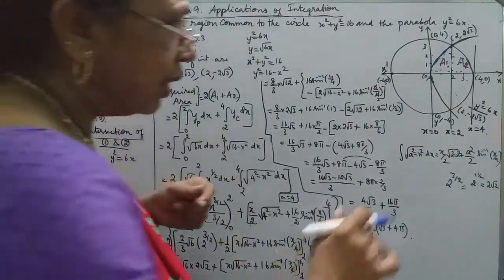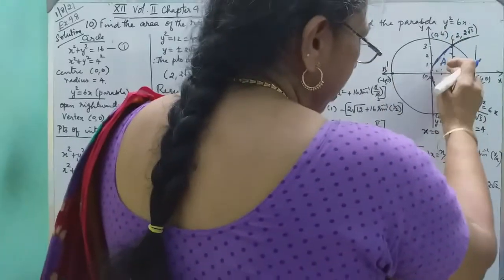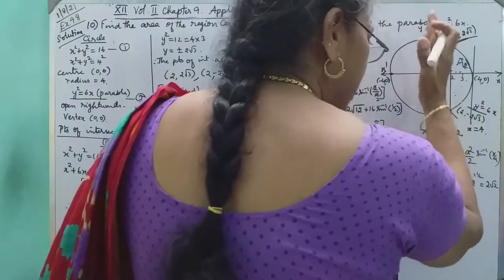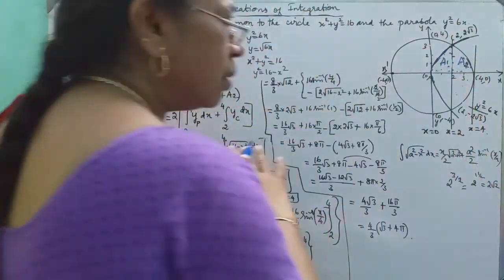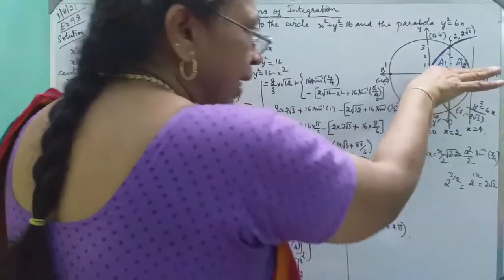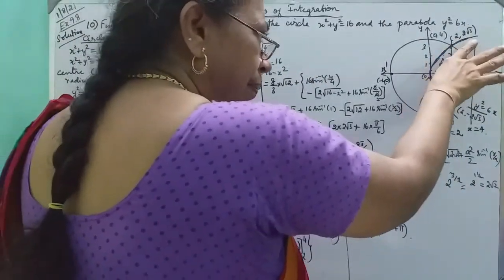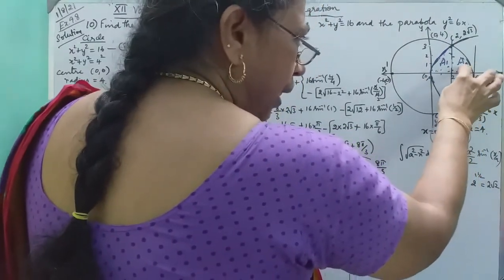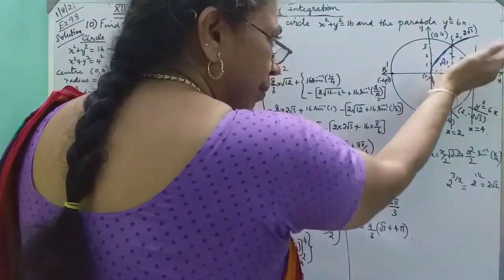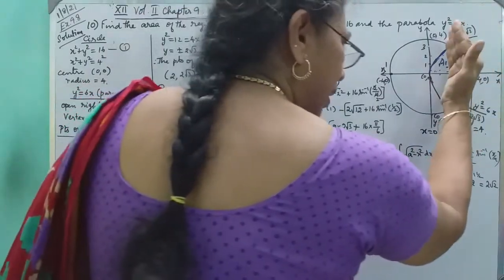So here this area A1 is bounded by this line, the y-axis, namely x equal to 0, and this is x is equal to 2. So this A1 is bounded by the x-axis, the parabola and this vertical and this vertical. And what about A2? A2 is bounded by the x-axis, then the circle and this vertical and this vertical.